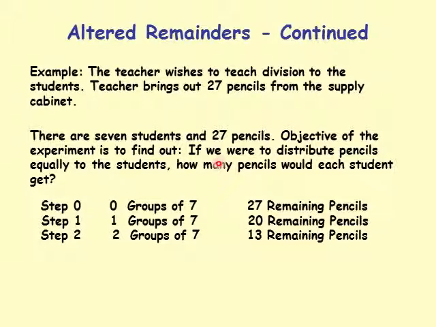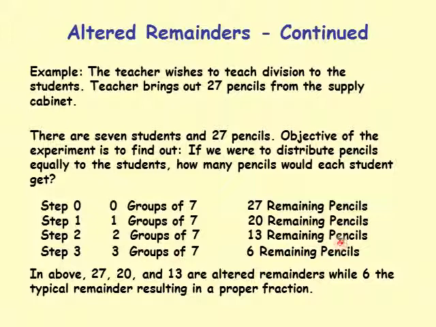Let's continue here. At step 2, we subtract out another 7 pencils and make another group. We got 2 groups of 7. From the pencils extracted so far, we can give out 2 pencils to each of the students, and we would have 13 pencils still left. Step 3 is we take out 7 more pencils and make another group of 7.